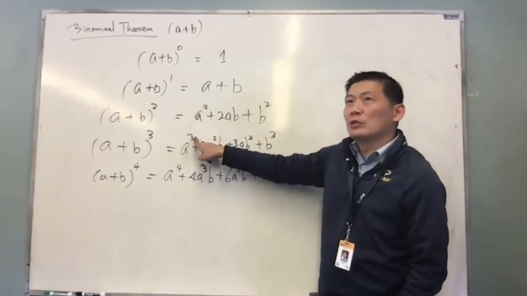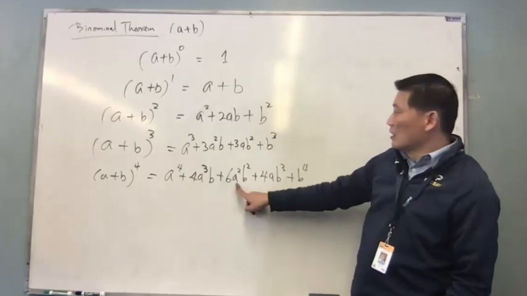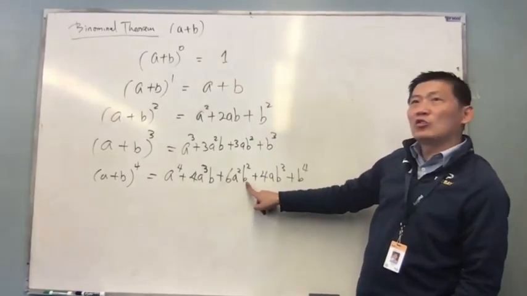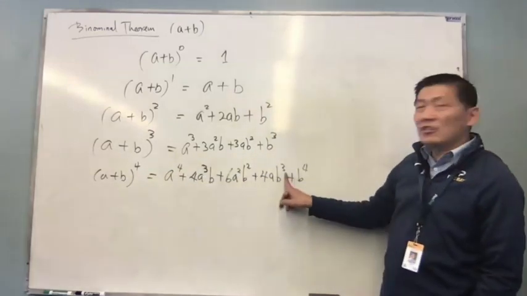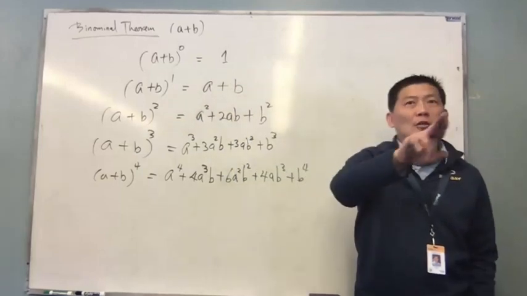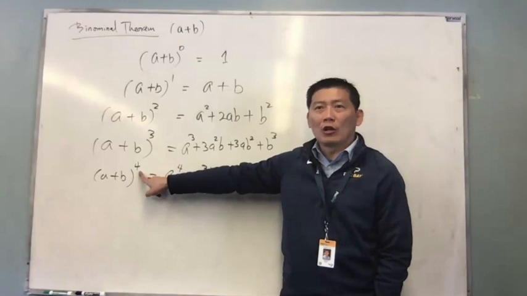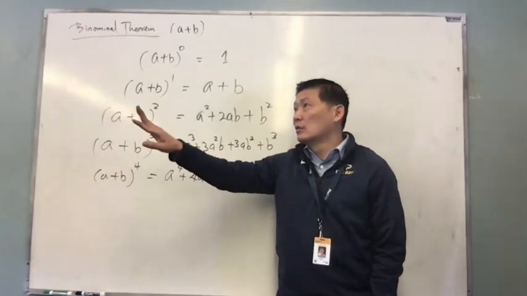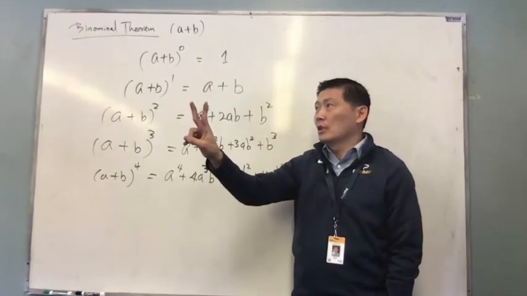A only with the 3 and B has 0, so it's already 3. A squared, B squared, 2 plus 2 equals 4. Every single term, the exponents between all these variables need to add up to the same power as what you start out with. That's observation number 2.